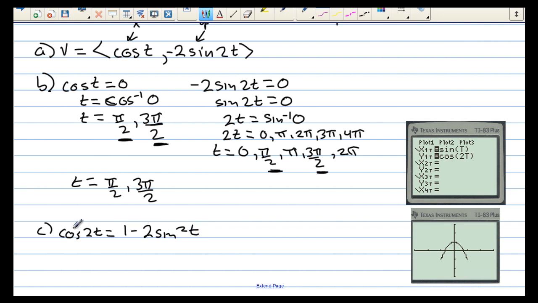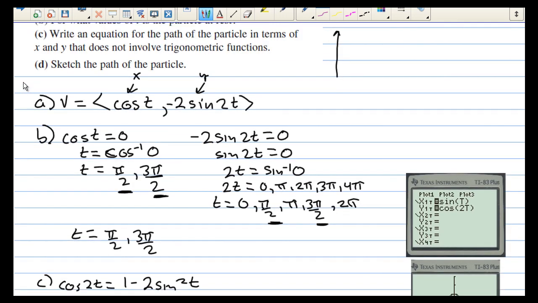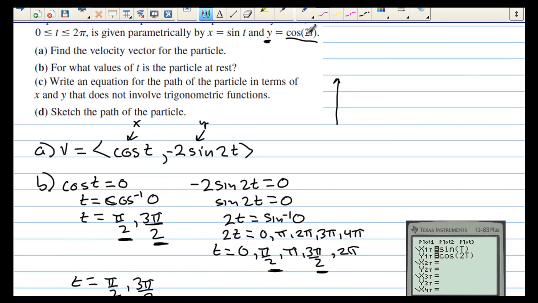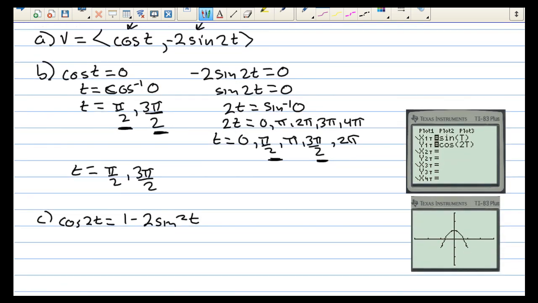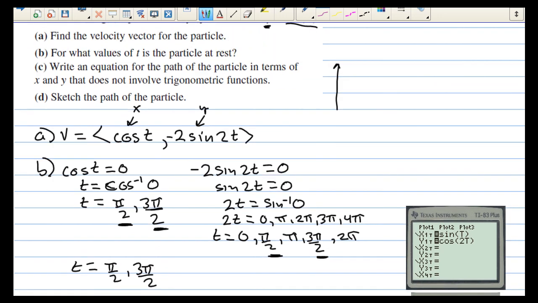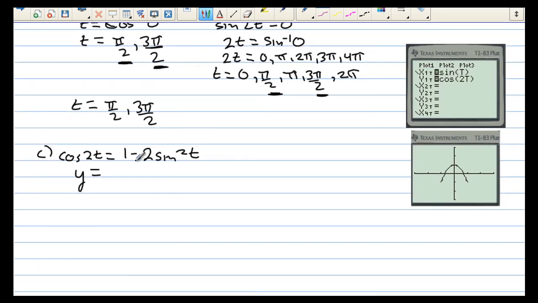That's the double angle formula for cosine. Cosine of 2t is the y value, right there. It says y equals cosine of 2t. So we can replace cosine of 2t with y, and x is sine of t, so we can replace sine squared with x squared.